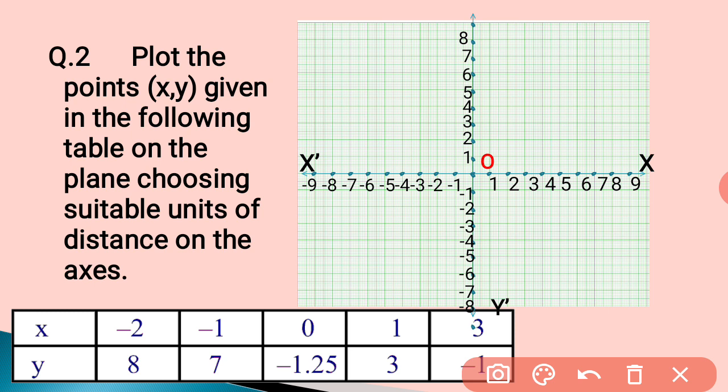The positive x-axis has 3 on it and -1 is on the lower side. So from 3 we are going down, and from -1 we are drawing one perpendicular. So the point of intersection is 3, -1. This is how we plot all the points on the Cartesian plane, and every point has its unique location.